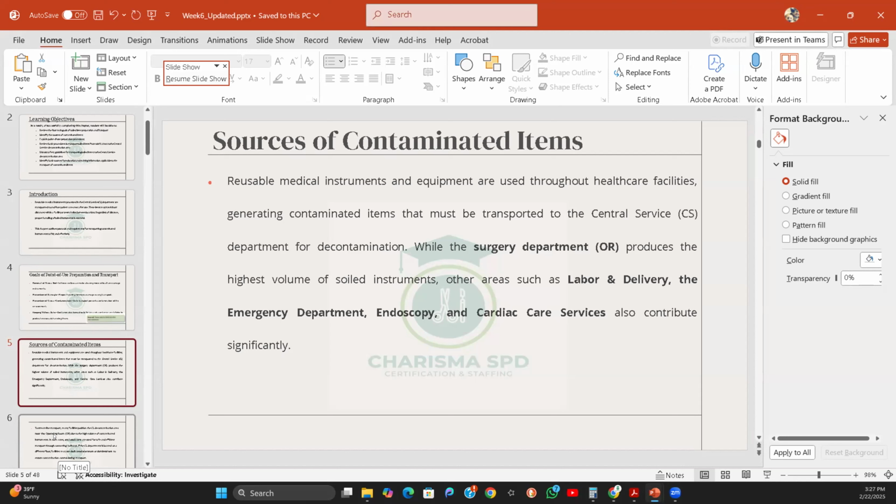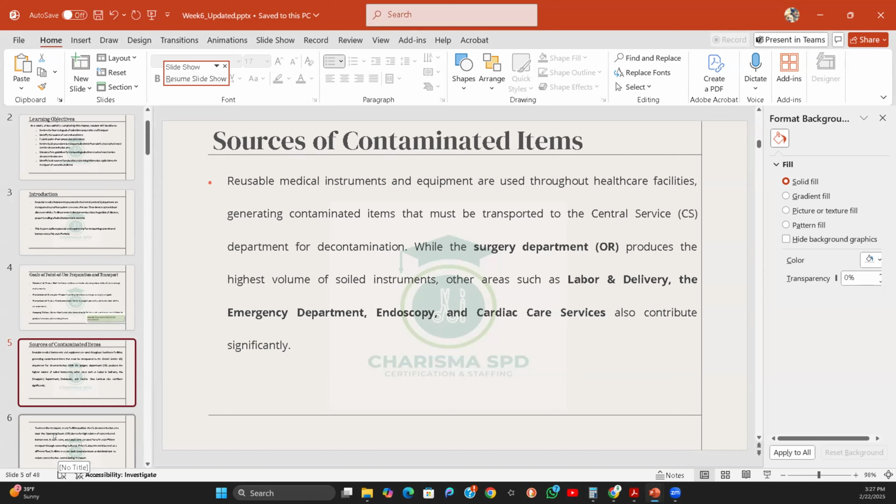One main source of contamination in a hospital setting is the operating room. Like I said earlier, the operating room is the biggest customer of the Central Sterile Processing Department. The operating room cannot survive without an efficient Central Sterile Department.